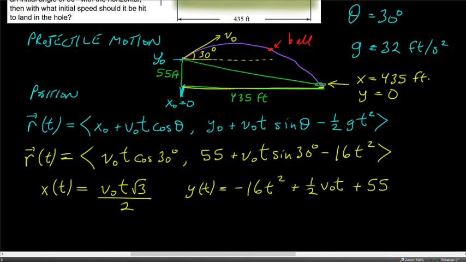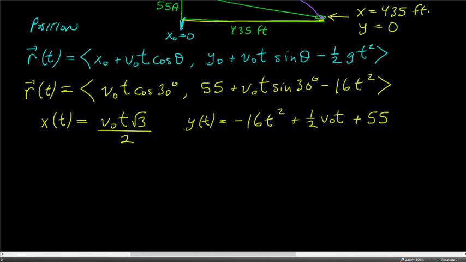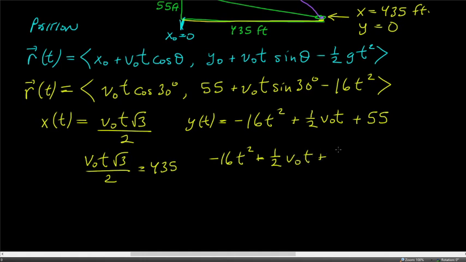Okay. So I suppose the next thing to do would be to set x equal to 435. So v0 times t times the square root of 3 over 2 is equal to 435 feet. And then the y, so negative 16t squared plus 1/2 v0t plus 55.